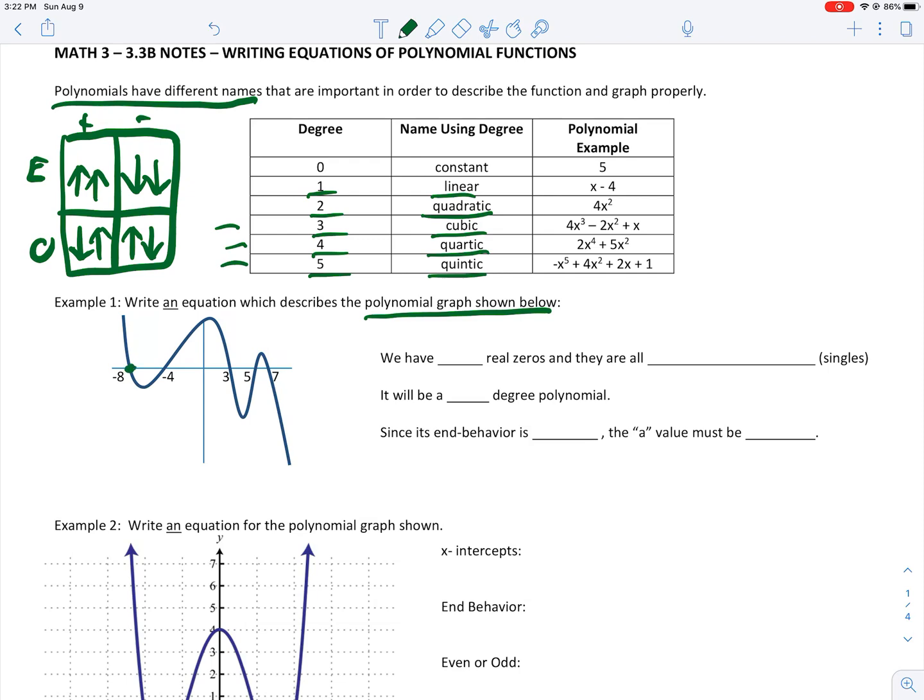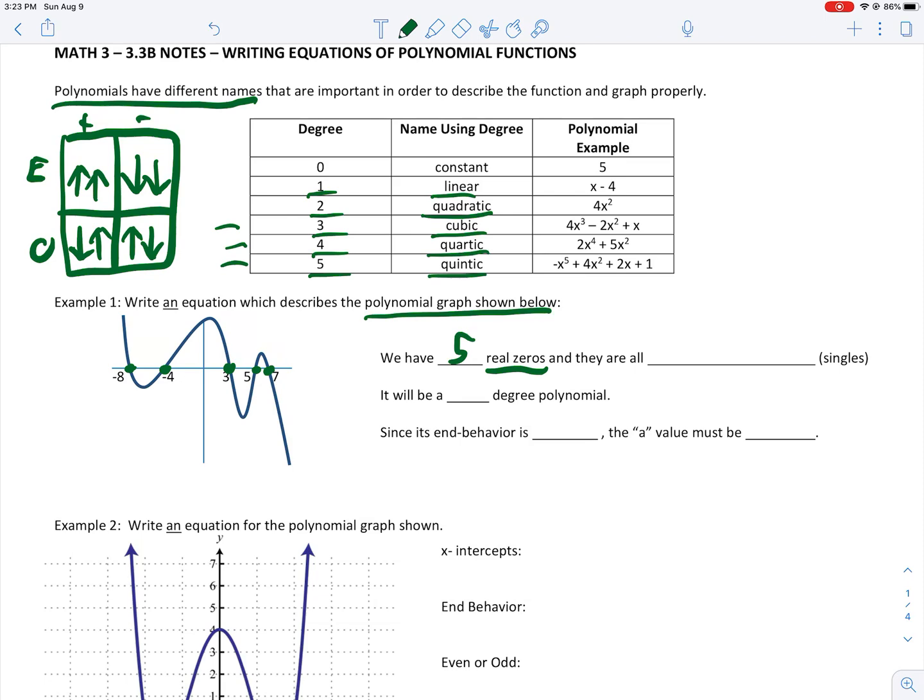So we have 1, 2, 3, 4, 5 real zeros. Those are 5 x-intercepts. There could be more than 5 zeros, we don't know that, but there are 5 as we look. And they are x-intercepts, they're real numbers.